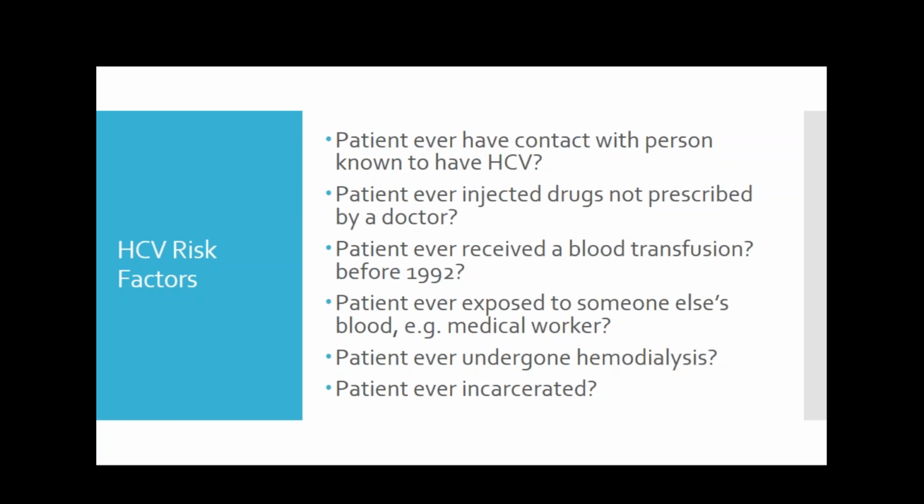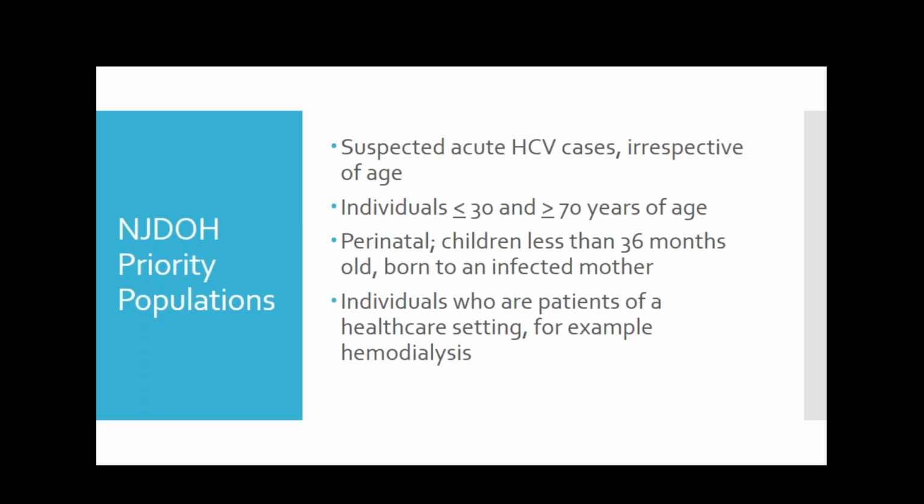Did the patient ever receive a blood transfusion before 1992? Was the patient ever exposed to someone else's blood, for example, a medical worker? Did the patient undergo hemodialysis, and was the patient ever incarcerated? All of these risk factors, as well as a few more, are now listed on the new CDS-17 form, which is in the case investigation guideline.